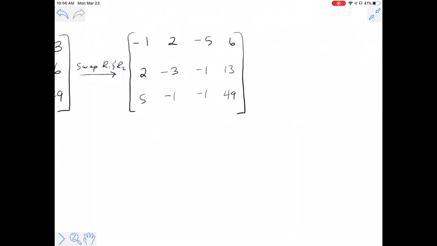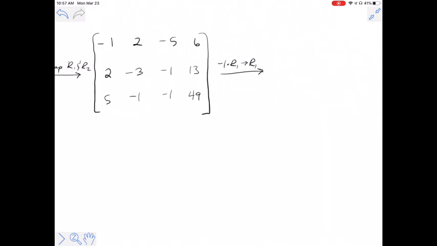Okay. Now I'm supposed to have a positive 1 there. So if I multiply that whole top row by -1, that'll make that first entry positive 1. So what I need to do is -1 times row 1 is going to give me a new row 1. So it'll be +1, -2, +5, -6. Row 2 doesn't change at this point, and row 3 does not change at this point.